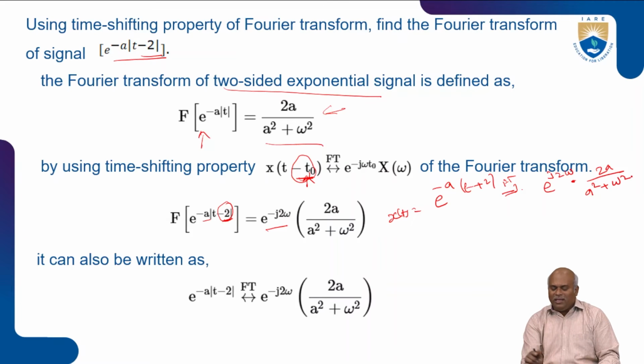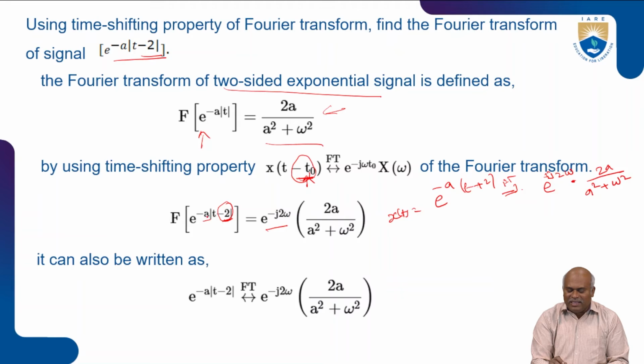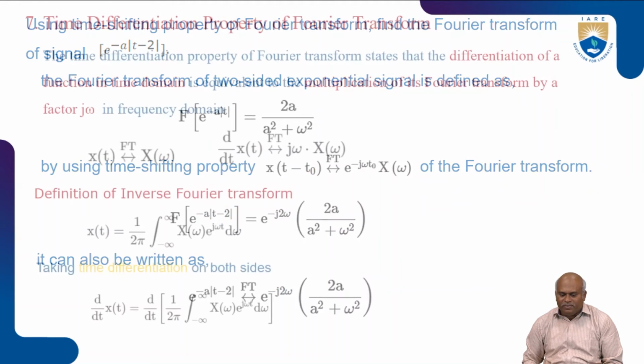If it is t minus 2, then I write minus 2 here. This is the time shifting property of Fourier transform with a numerical example.